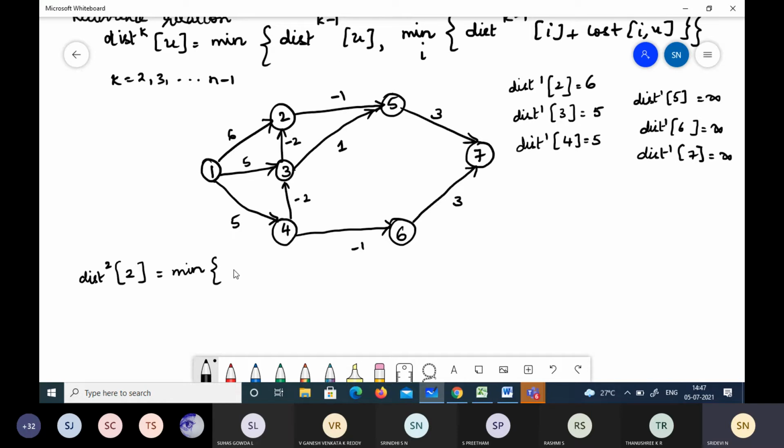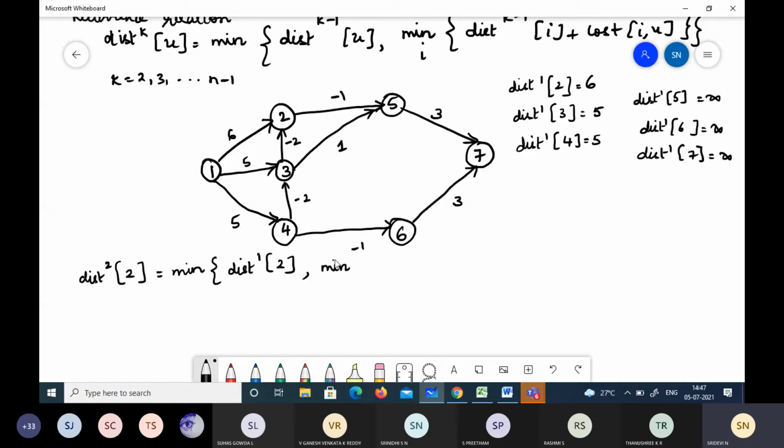So k minus 1. What is k here? K is 2, isn't it? So 2 minus 1 is 1. So this is 1 to 2. The distance 1 to 2, we have it here. We can take this value. So that is the direct one with one edge. Whichever is the minimum, I should select. Now I will check with two edges. So what's the formula now?